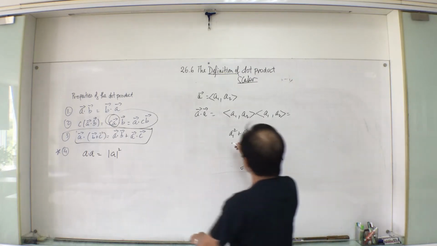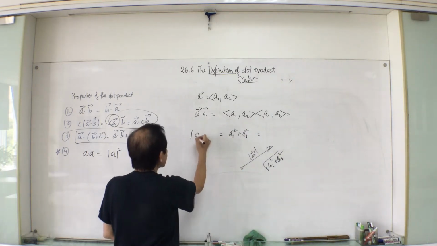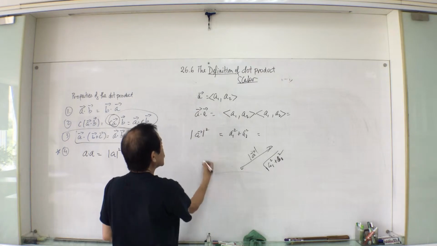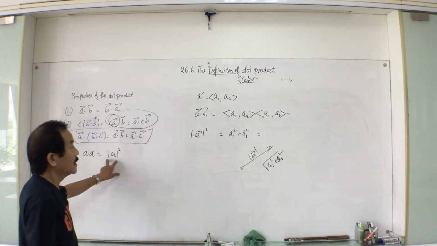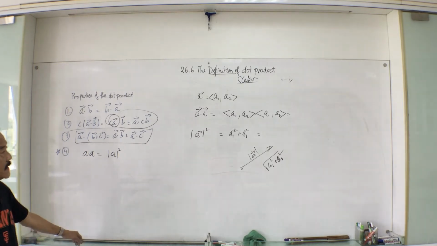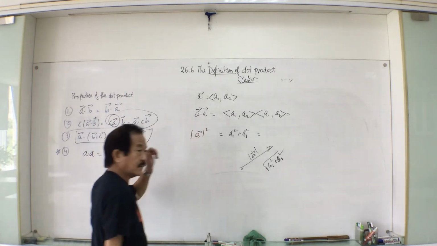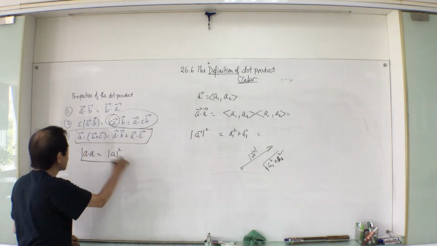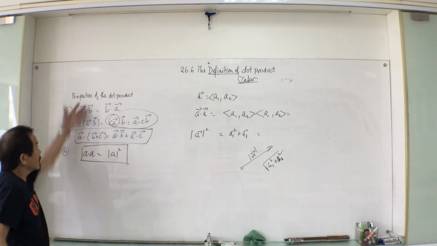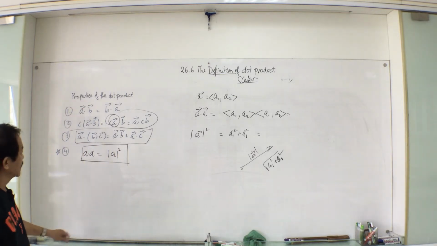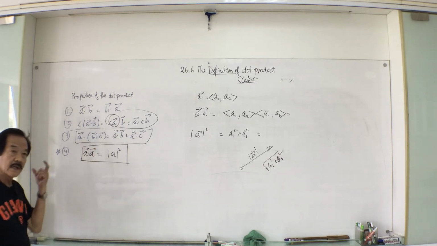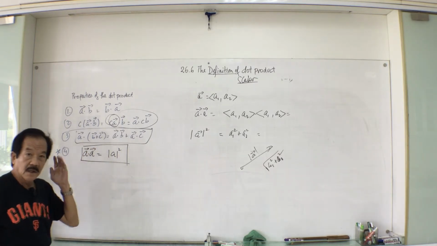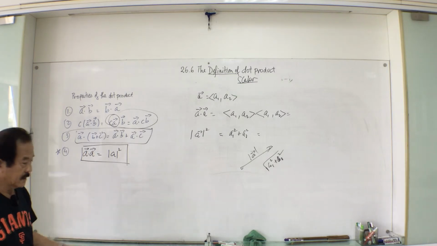So in this case, this one equal absolute of vector A square, which gives you A dot A equal absolute A square. This is the most important property in all four of them. Very important, so always you have to remember this. A dot itself equal the magnitude of A square.